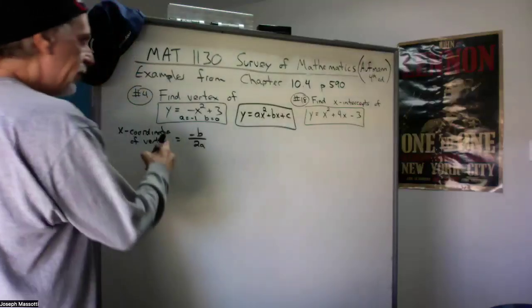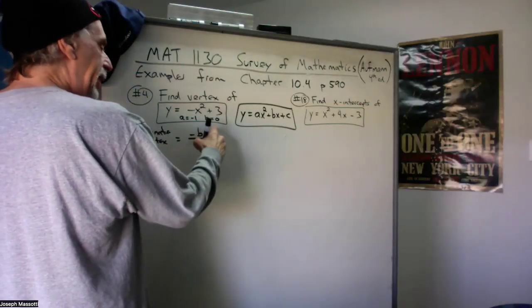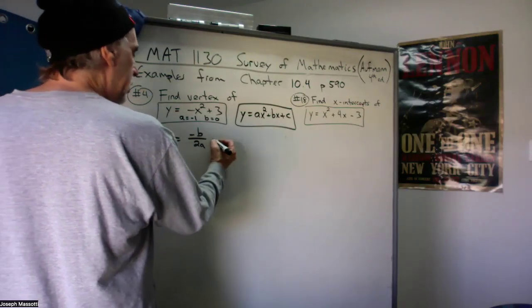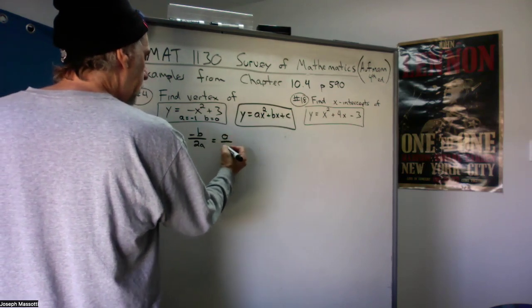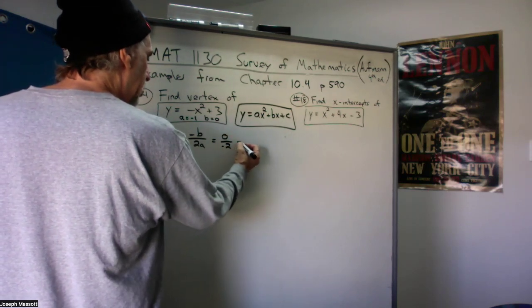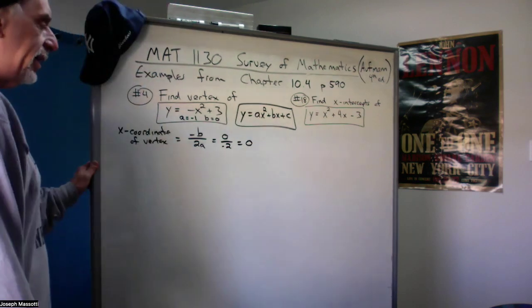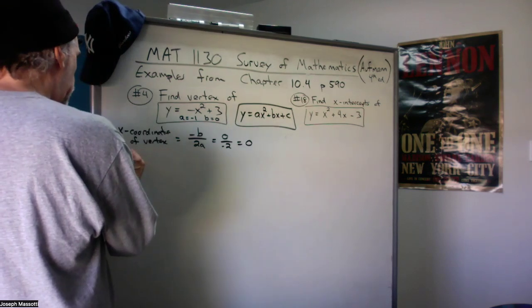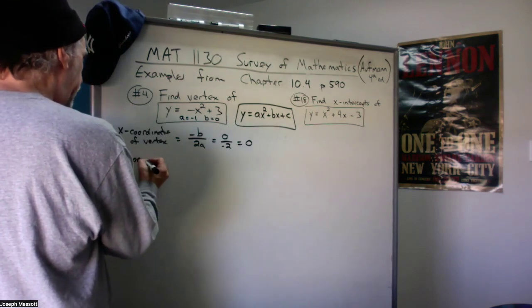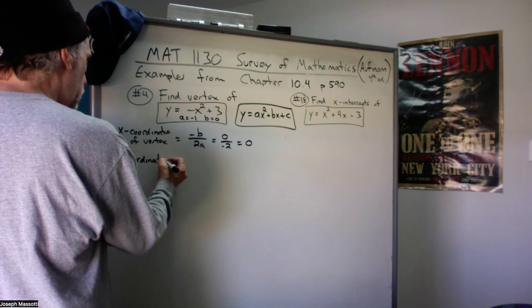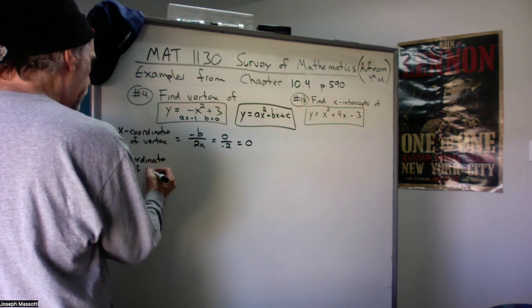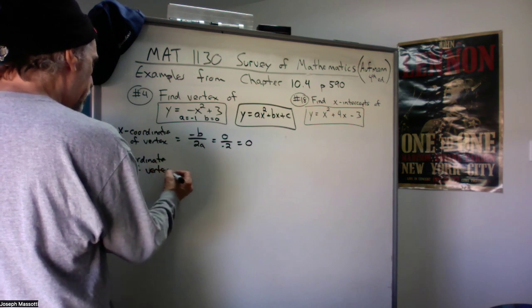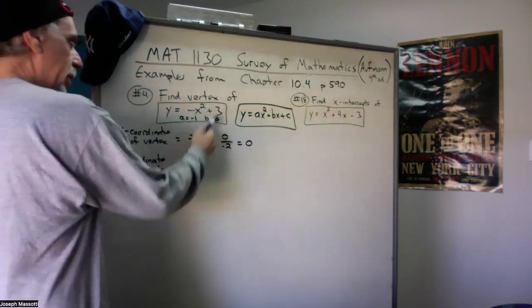So the x-coordinate of the vertex here, negative b, well, 0 over anything is going to be 0. So that's the x-coordinate of the vertex. Now all we do to find the y-coordinate is put that x-coordinate into the function or into the equation.